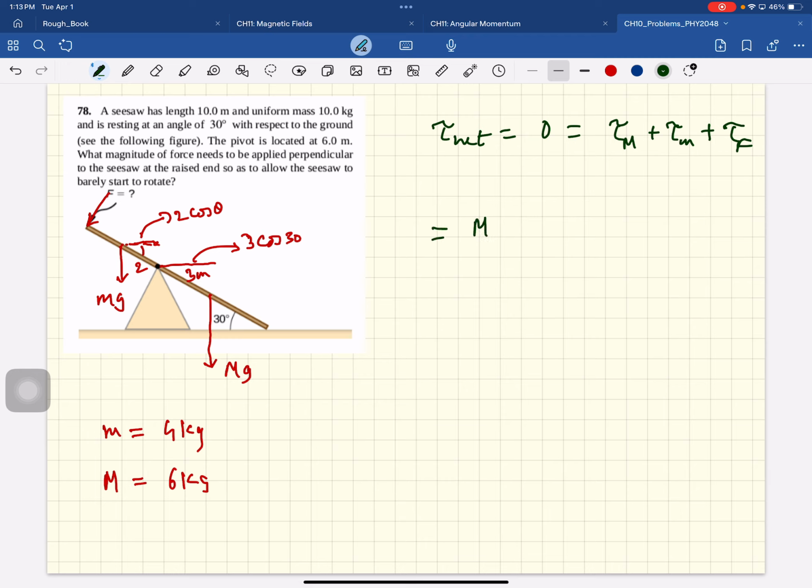Torque due to the mass M is Mg times 3 cosine 30, negative, mg times 2 cosine 30, that's positive, plus F times, what is the moment arm for the force F? 4 meters. 4 meters. And you want that to be 0.